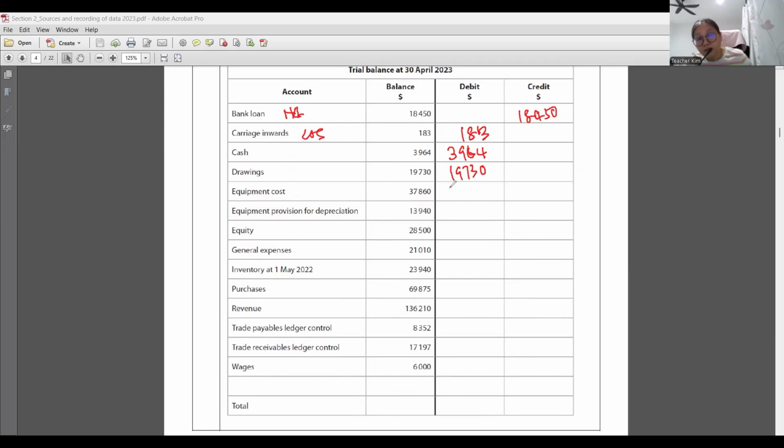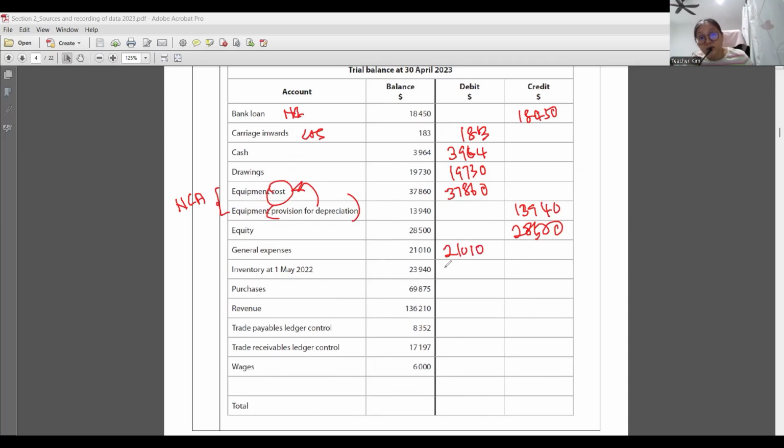Equipment cost is a non-current asset, 37,860. But the provision for depreciation reduces the cost, so both are under the non-current asset. Equity is capital, so credit. General expenses is an expense, debit.